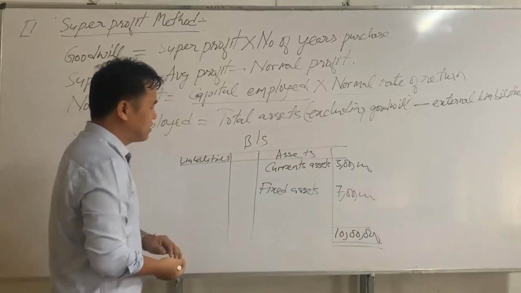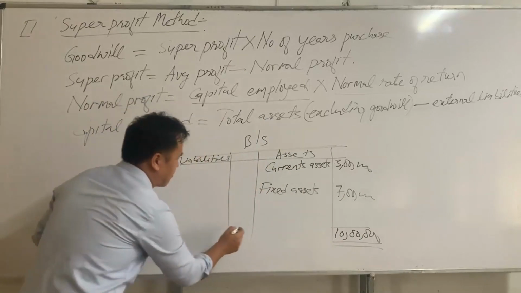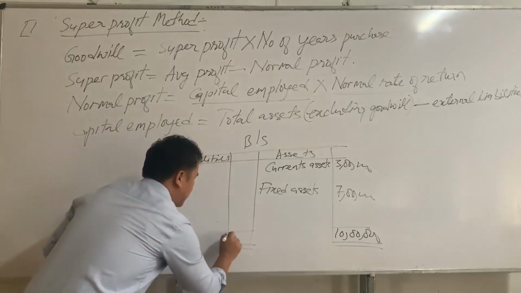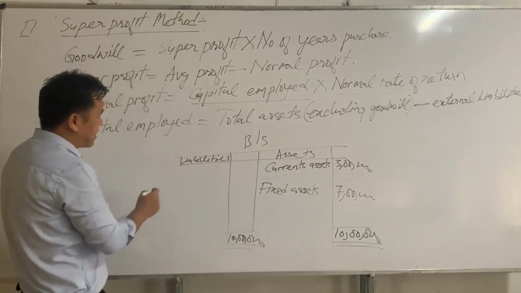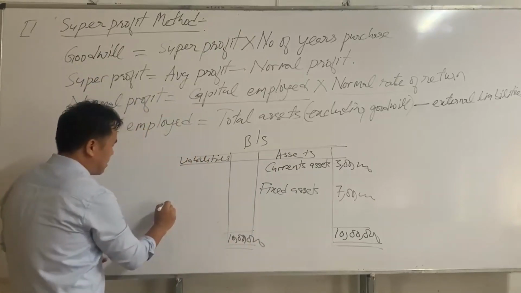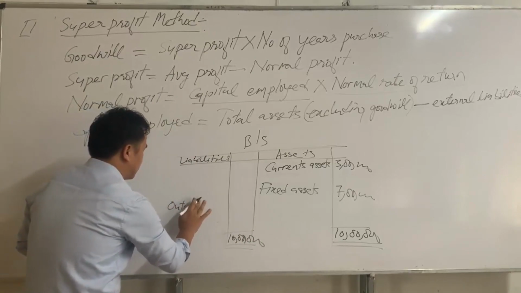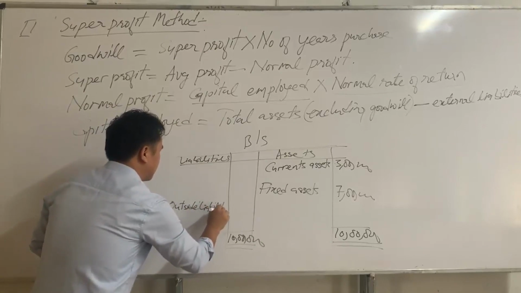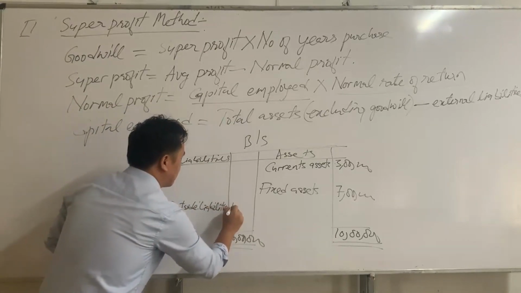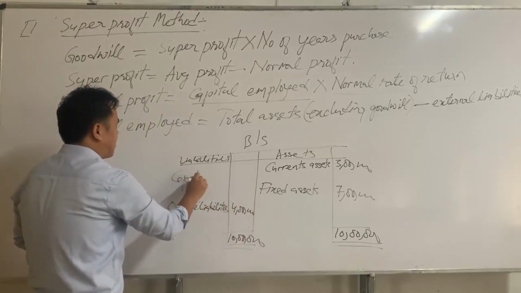As we know, total of assets is equal to total of liabilities. So what is total liabilities? 10 lakh. Suppose outside liabilities are rupees 4 lakh and we don't know the value of capital.